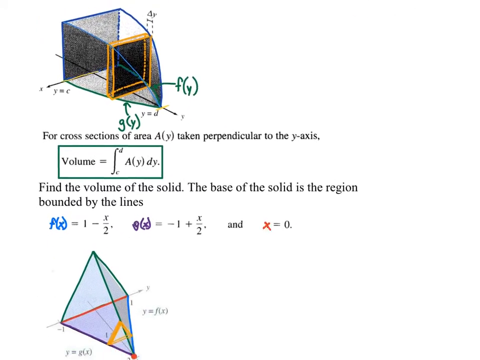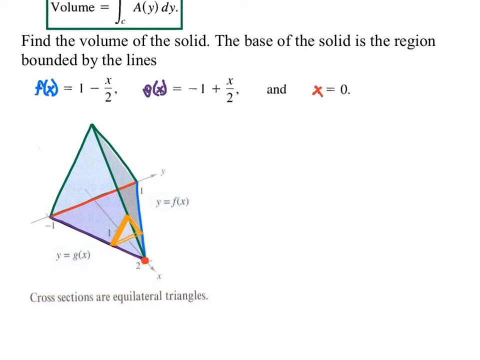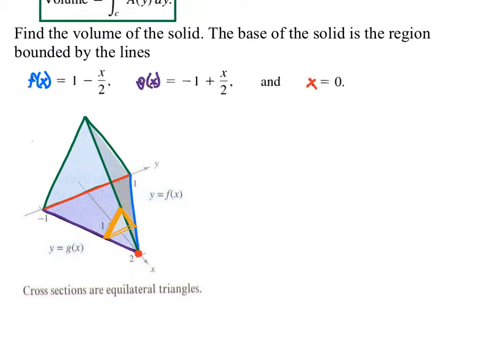Now, here's an example where we have this solid, and this solid has a base that's bounded by these three lines. You notice I color coded it since it's hard to follow when it's drawn in 2 dimensions. Here in the background we have x equals 0, which is our y-axis.